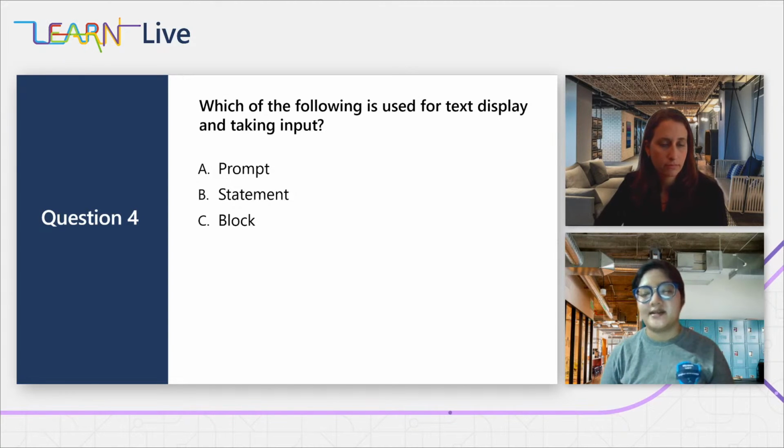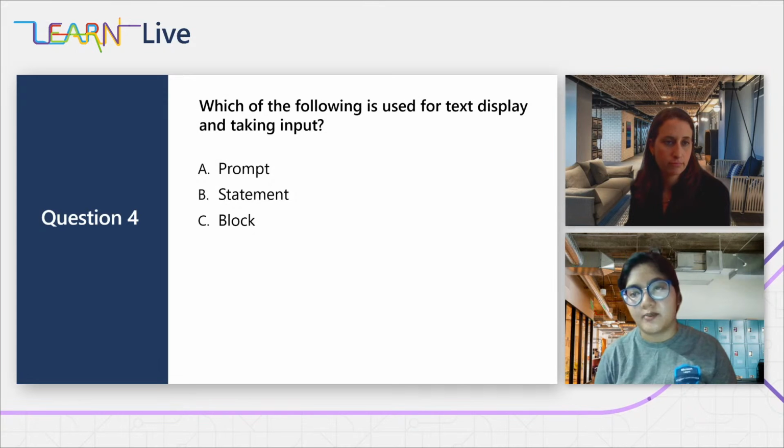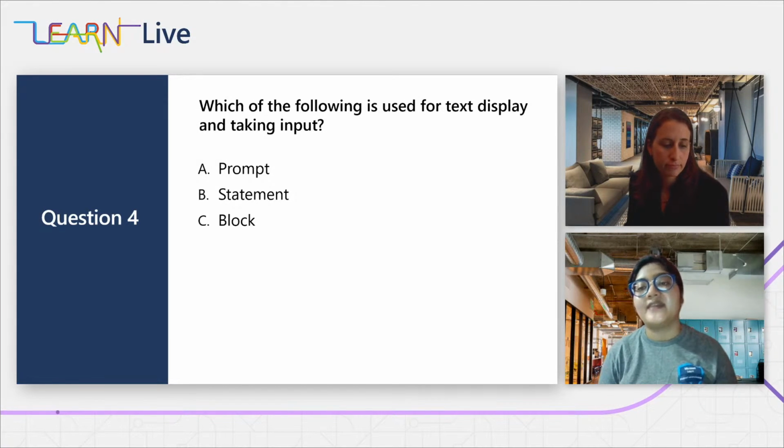Block is a general word that we use for all the components that we created, like prompt, statement, and switch case. So we can't just say that we are going to use block. Whereas statement we use to just display a text and not take any user input. Prompt is what displays a text and then asks for input from the user. So yeah, I'll be using prompt for this.